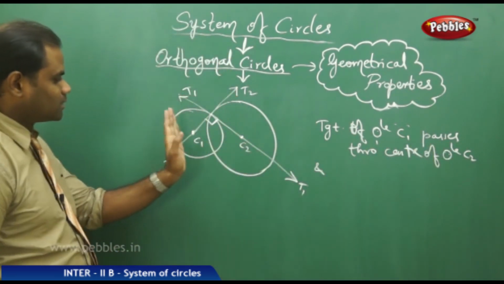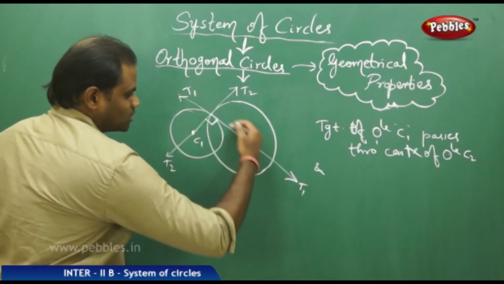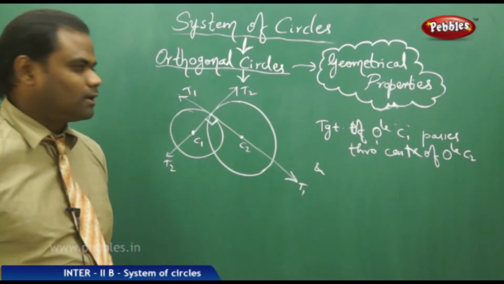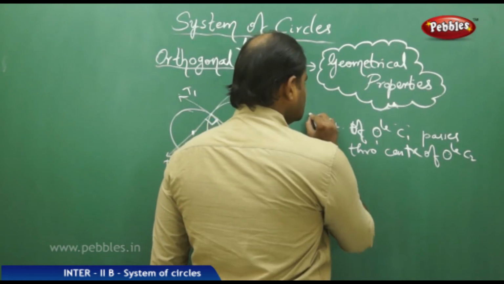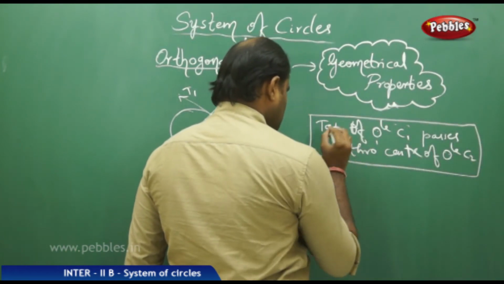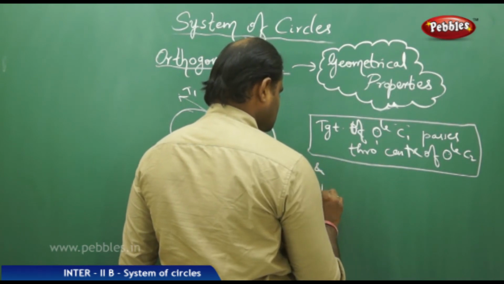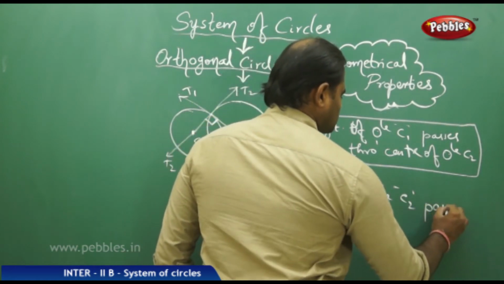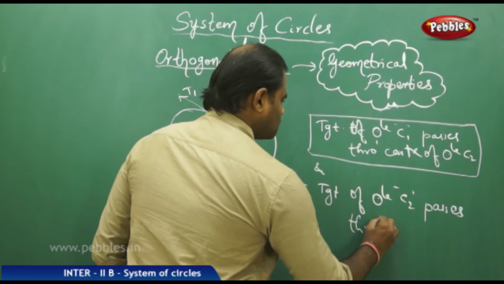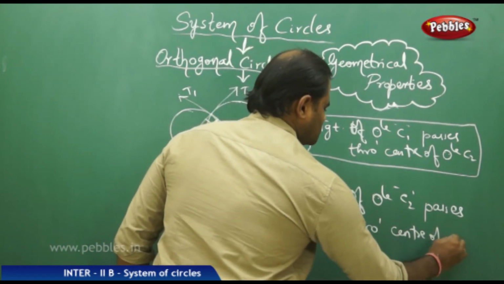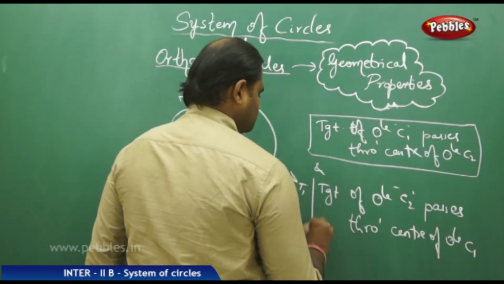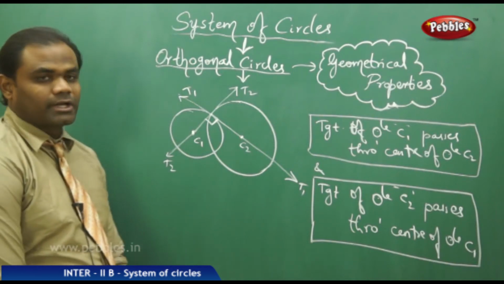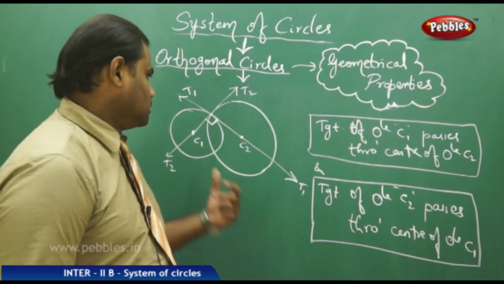As can be clearly seen, this is the geometrical property, and this is how we understand the geometrical properties connecting the orthogonal circles.